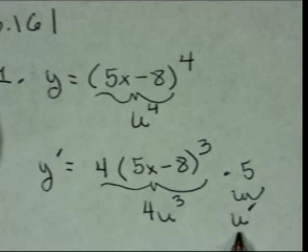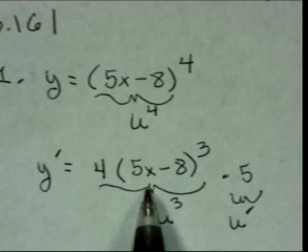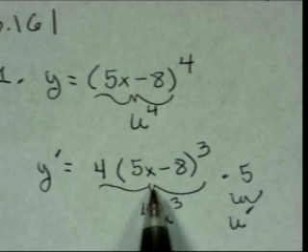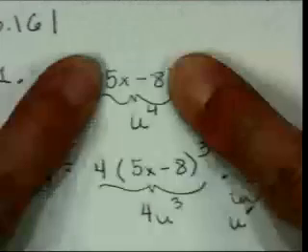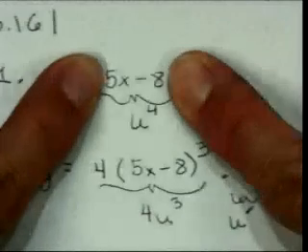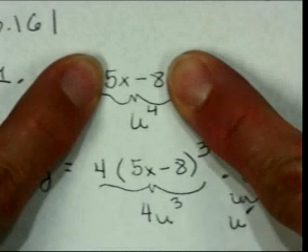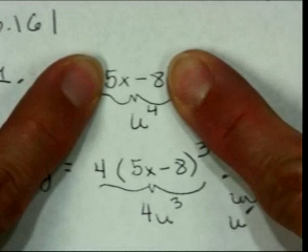Hold on just a second. You said wouldn't the derivative of the ugly be what? So how is it 5? Because that is the ugly. And what's its derivative? What's the derivative of 5x minus 8?